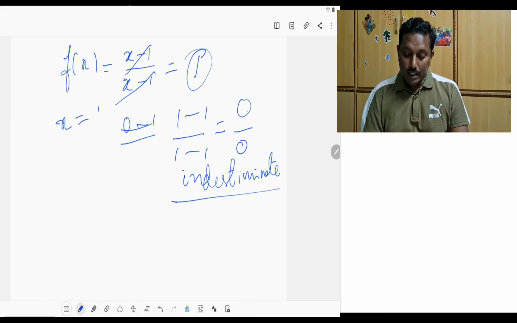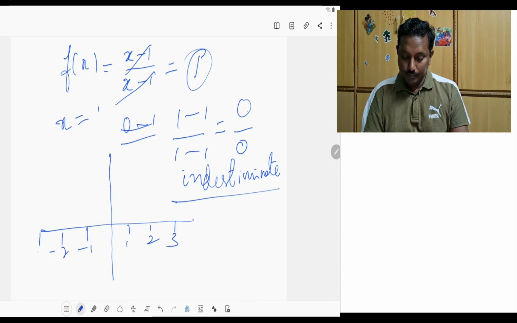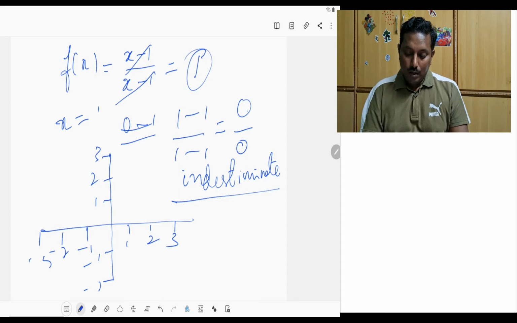Let us plot this thing on the graph. This is the x-axis. So at x is equal to 1, we can't define it, so we are placing a hole there.